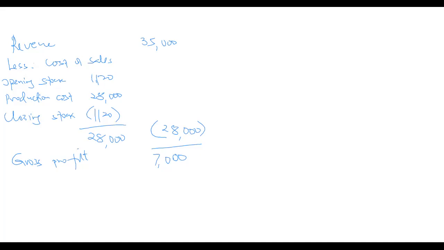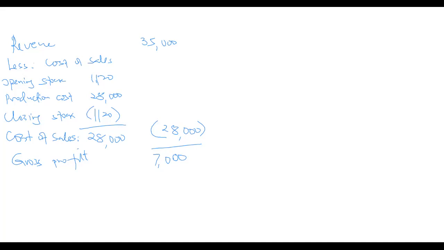James, is that better? Yeah, could you just give me a minute to copy the formula down? And sir, here there's no cost of sales. No, this 28,000 is what we call the cost of sales. Let me put it down so you don't get confused. The net of the opening stock plus production cost minus closing stock is what we refer to as the cost of sales.